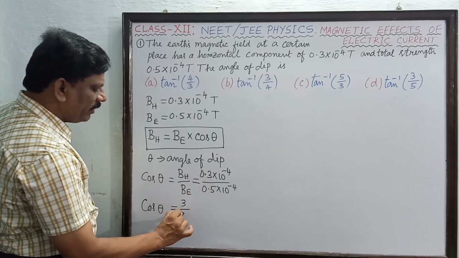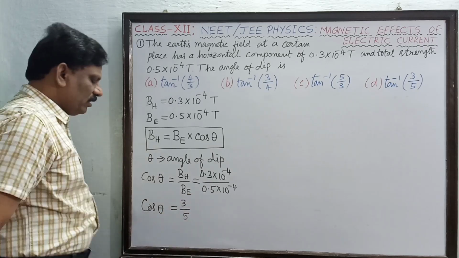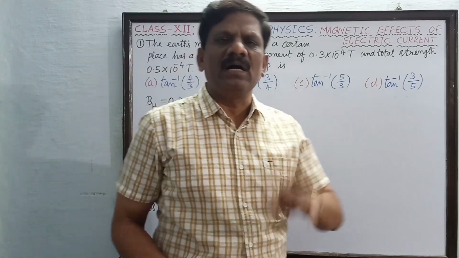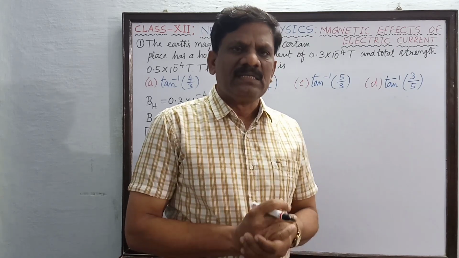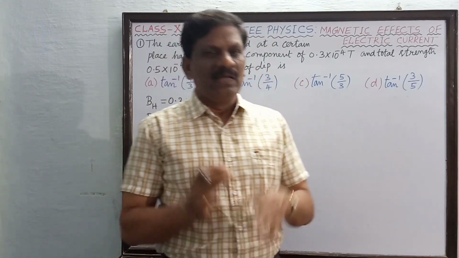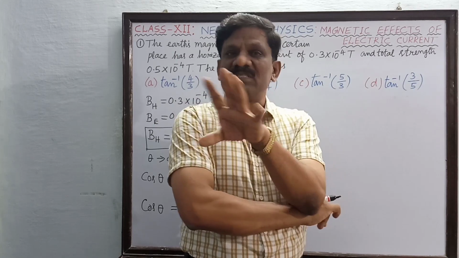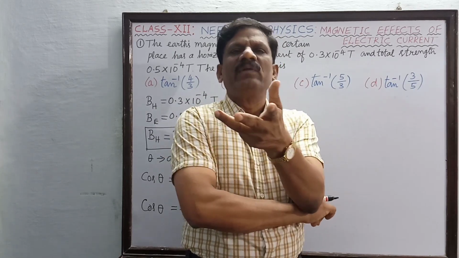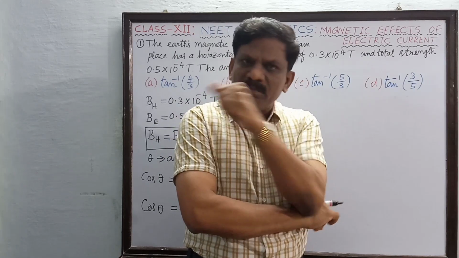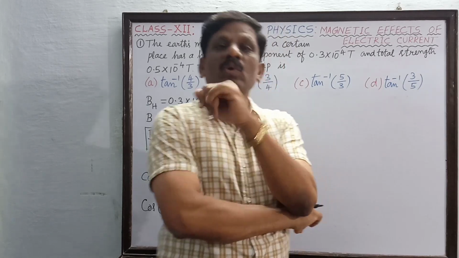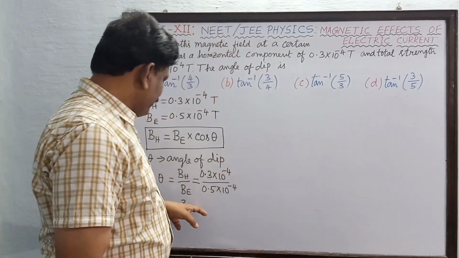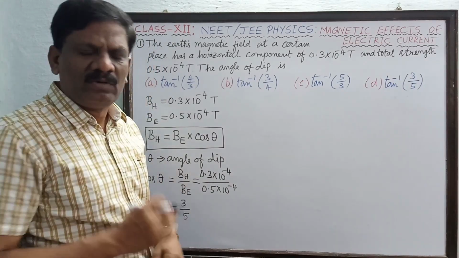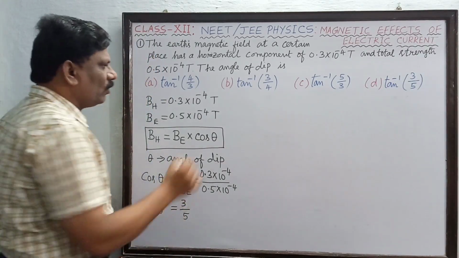Okay, 3 by 5. So θ must be what? Cos inverse of 3 by 5. There is one method directly. Suppose you are unable to remember the value of cos inverse; standard values like cos inverse of 1 by 2, 1 by root 2, root 3 by 2 we remember. But for cos inverse of 3 by 5 we do not know. So for that another method we can go.